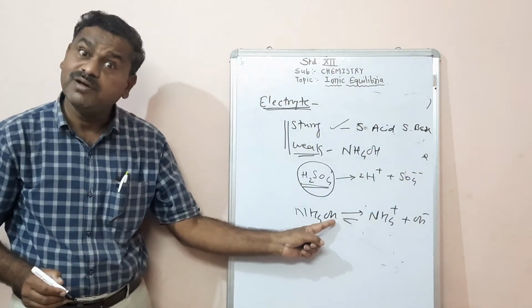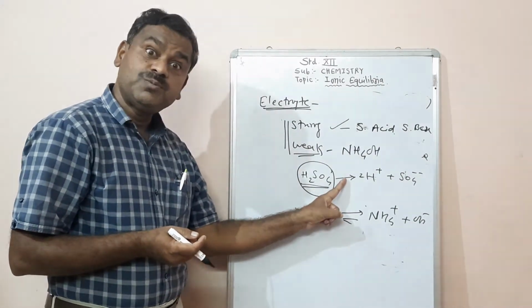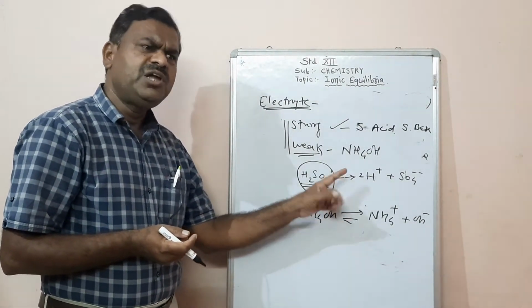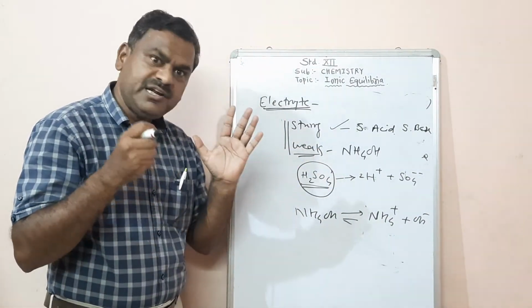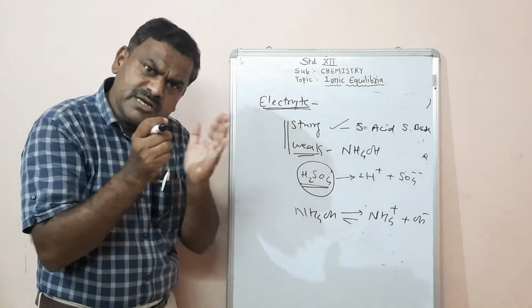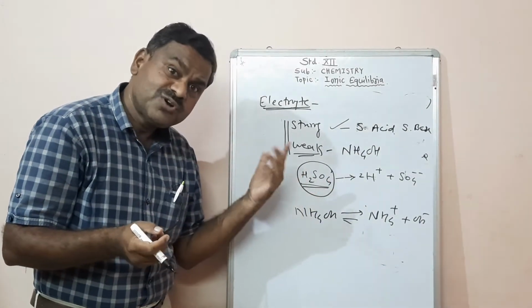That is a reversible one. Now the strong electrolyte is the irreversible one, because a large number, nearly 99% of molecules, are separated, and that's why it is called a strong electrolyte.